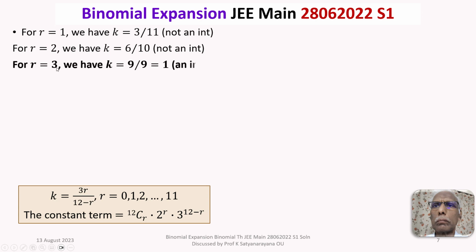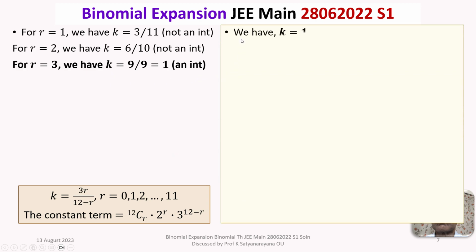For r is equal to 3, we have k is equal to 3 threes are 9 by 12 minus 3, that is 9 by 9, which is 1, an integer. It is a positive integer. This is our candidate because we are looking for positive integers k.